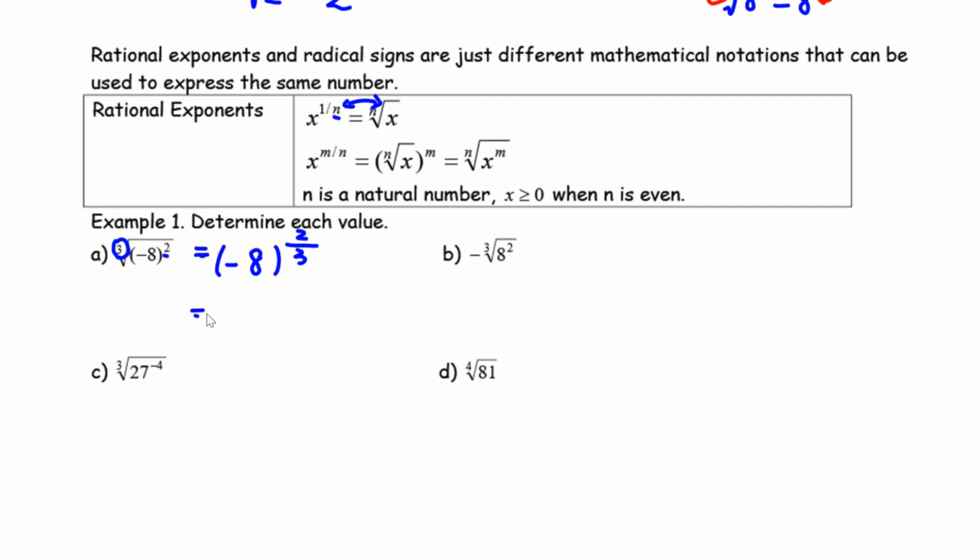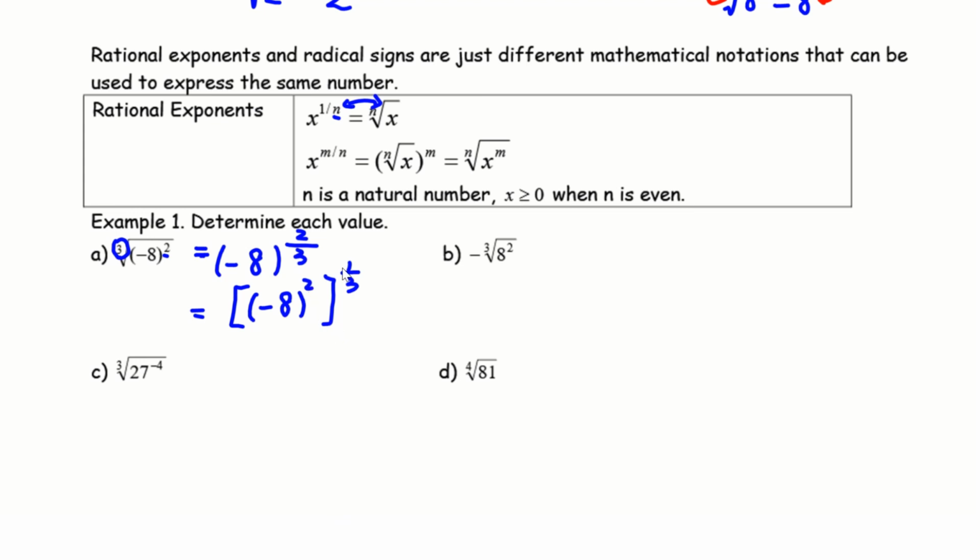And for this one, you could use your calculator to evaluate. For some calculators, you are not able to type in -8 as a base. So if the base is negative, then you need to do the numerator first, then after that, the denominator.